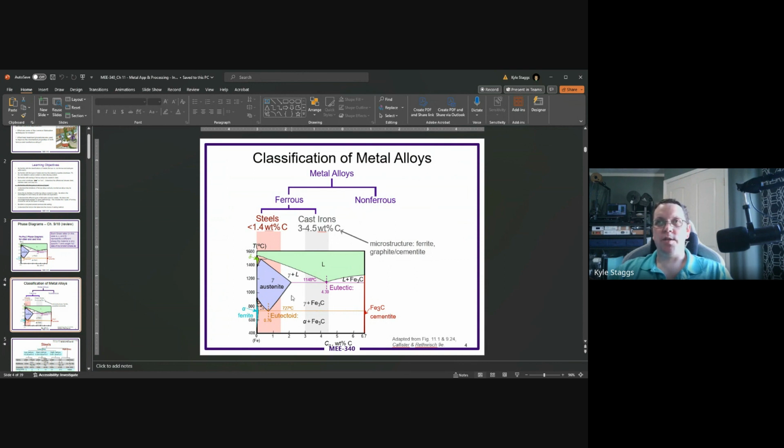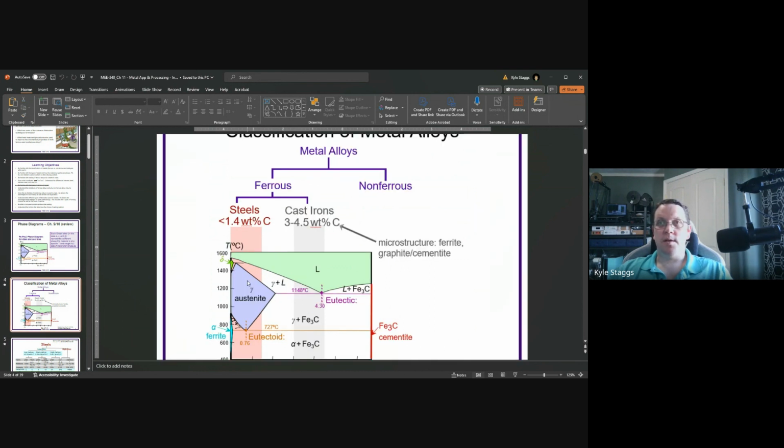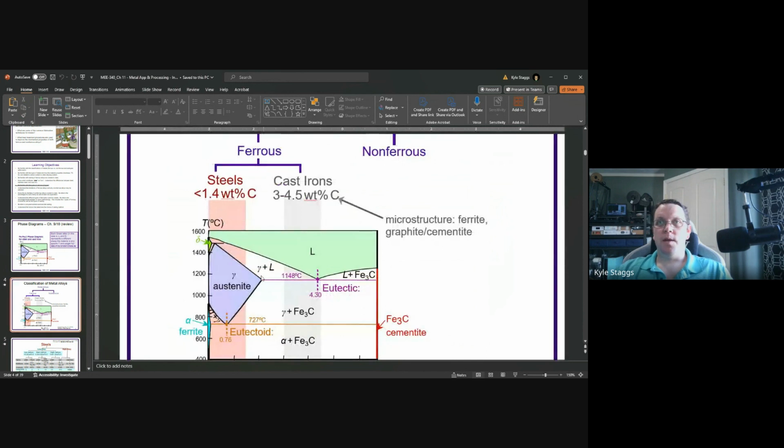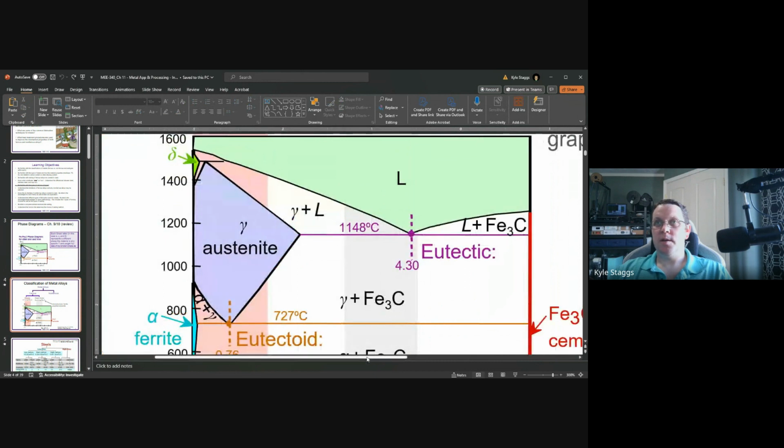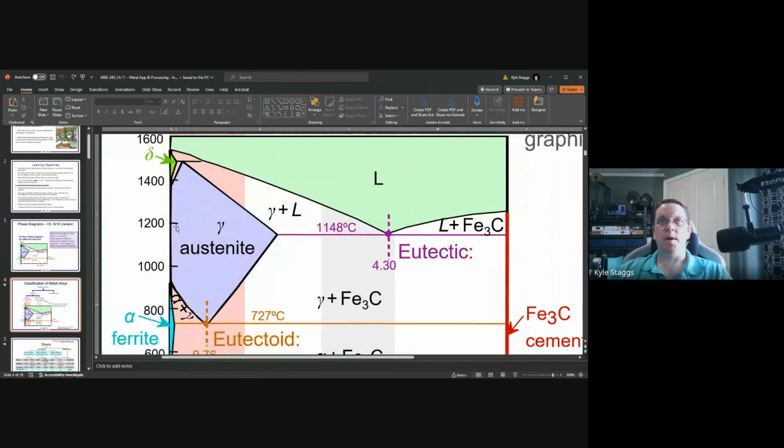So specific regions of these phase diagrams mean different sorts of things. When we talk about a specific temperature, the way that you evaluate this is by bringing it into PowerPoint or similar software. One of the examples would be, if I were to take a line across at, say, 1300.